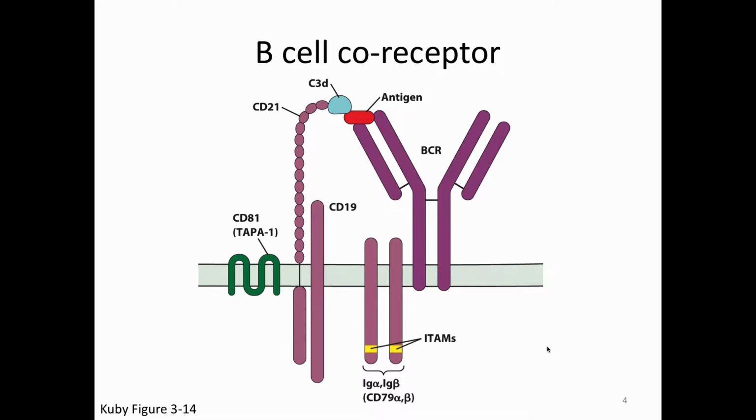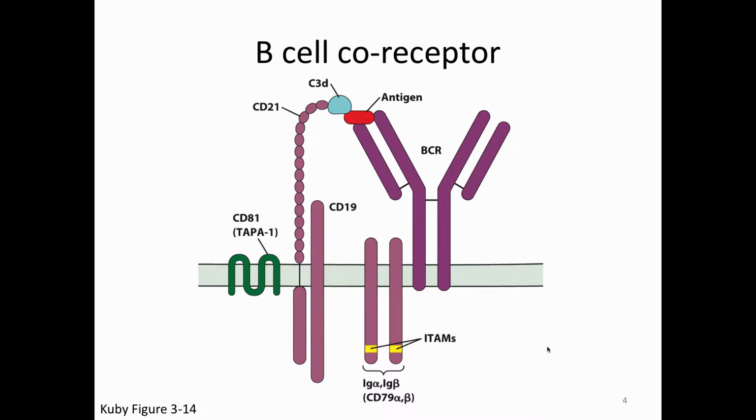CD21 is a complement receptor. So if our antigen, like the antigens shown on this slide, has had complement bound to it, has had complement fixed to it, then we can have complement receptor binding along with our B cell receptor binding. That will bring a kinase nearby, and that will actually turn on our B cell.